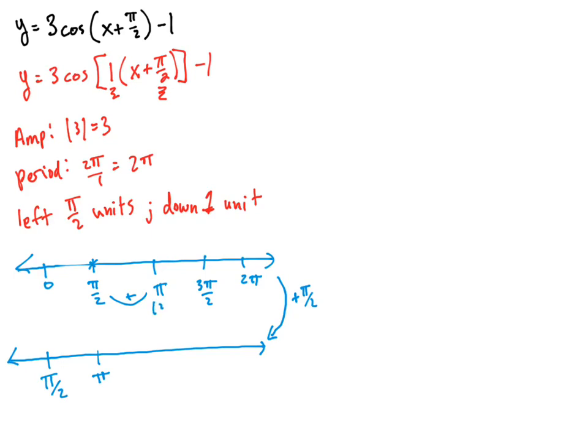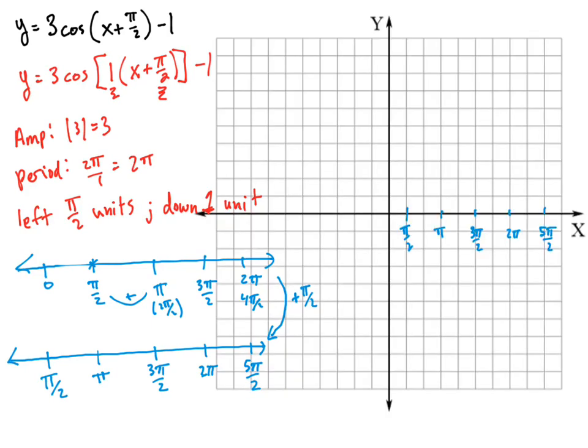I could rewrite pi as 2 pi over 2. I guess I shouldn't have erased it. So 2 pi over 2 plus pi over 2 is 3 pi over 2. 3 pi over 2 plus pi over 2 is 4 pi over 2, which is 2 pi. And then 2 pi plus pi over 2, that's the same thing as 4 pi over 2, so 5 pi over 2. These are the new values we want to work with.